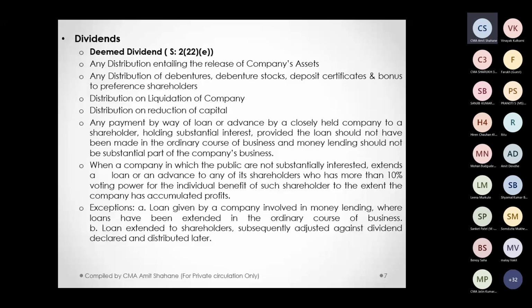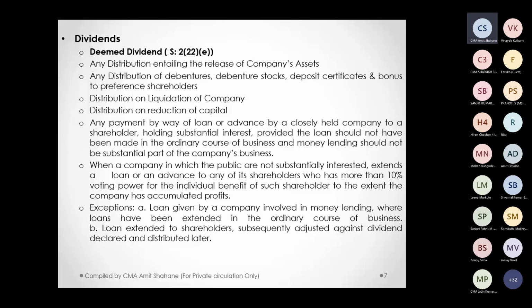Similarly, distribution on liquidation of a company, distribution on reduction of capital, all this will fall under the definition of deemed dividend. But of course, there could be certain genuine cases also, which we will discuss quickly.